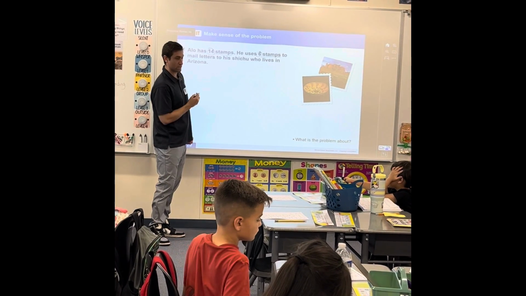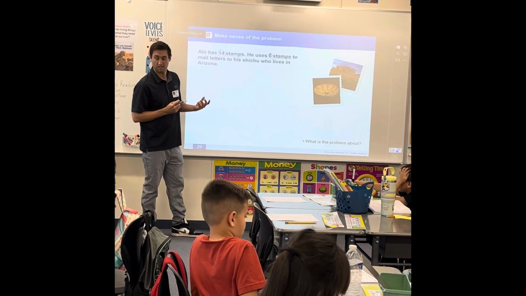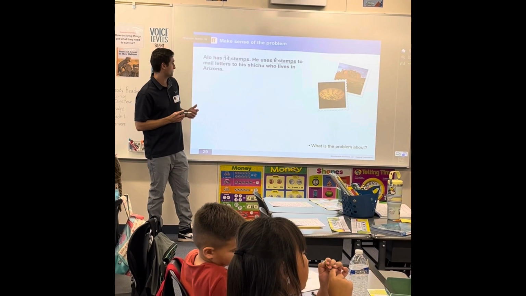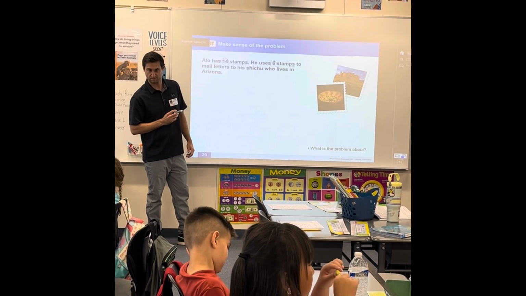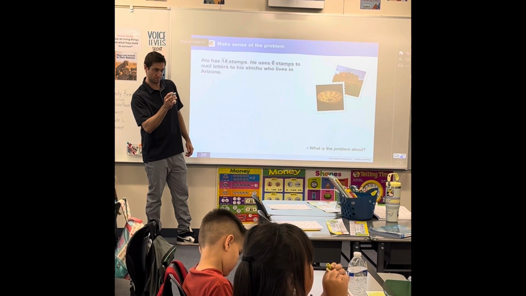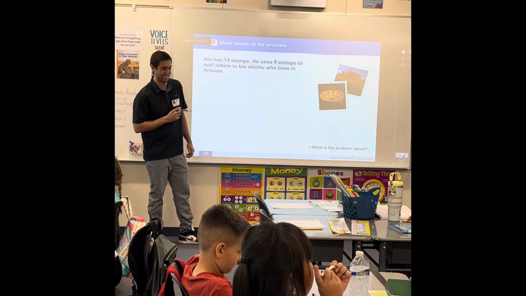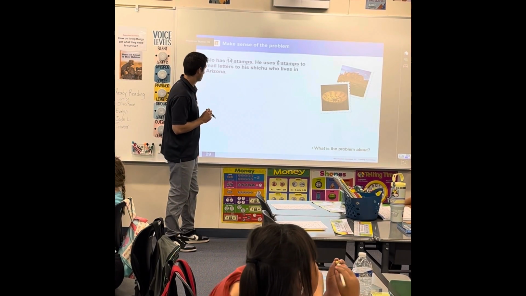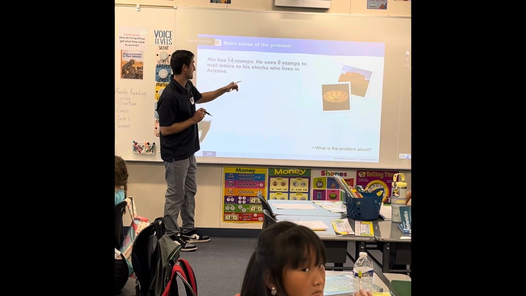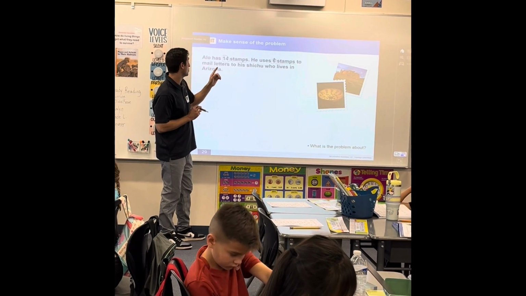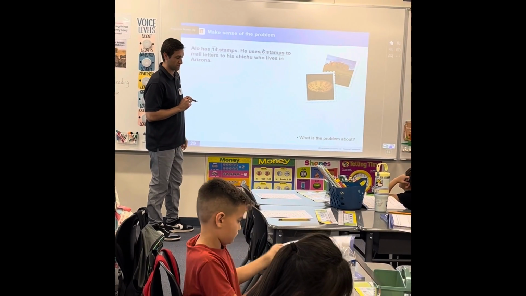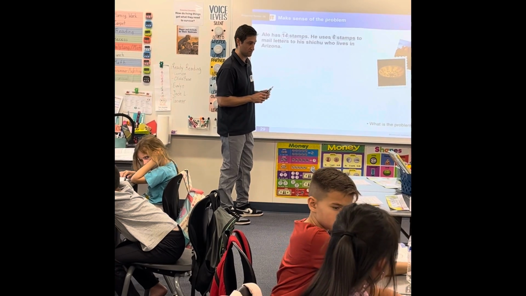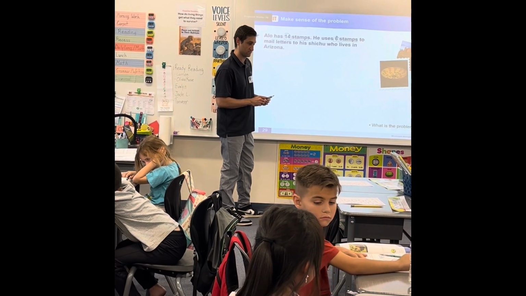So what information would you identify that would allow you to distinguish if it's addition or subtraction? Kenzo? Do you have an idea? Good. Alright. What about you, Elliot? Alo has 14 stamps. He uses 6 stamps to mail letters to Shichu, who lives in Arizona. What word would you be able to point out to help you distinguish if it's addition or subtraction?